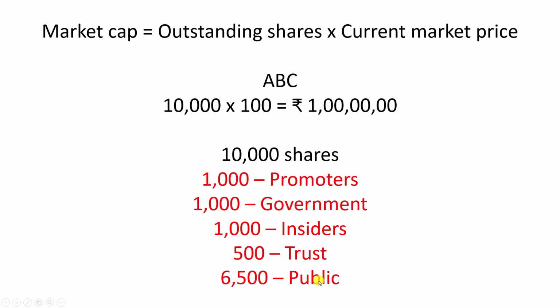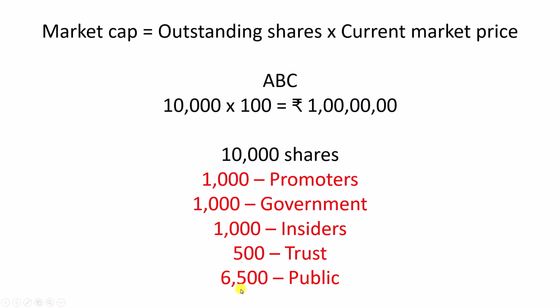Now, what we do in free float market capitalization is that we neglect all these. We neglect all these and just take into consideration the shares held by the public to calculate the market capitalization.